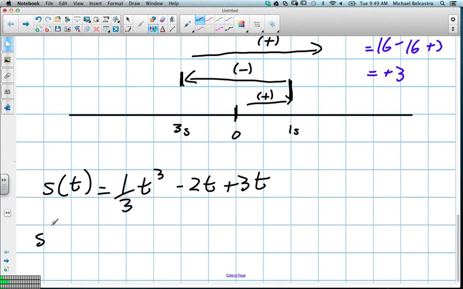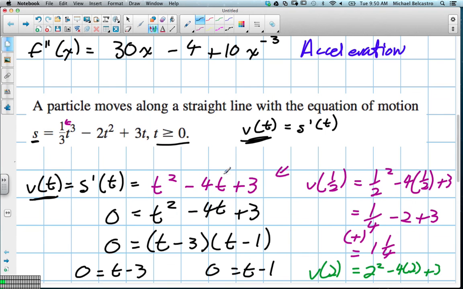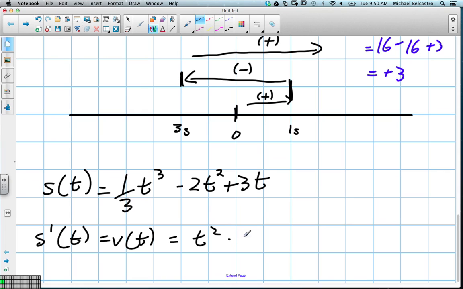Okay. Our derivative, or velocity, was equal to t squared minus 4t plus 3.